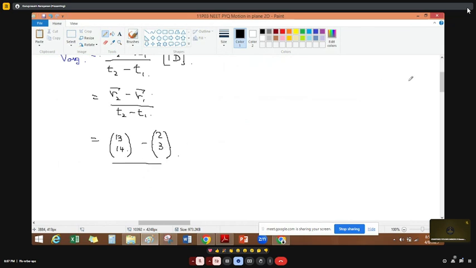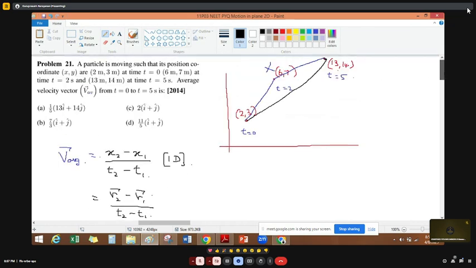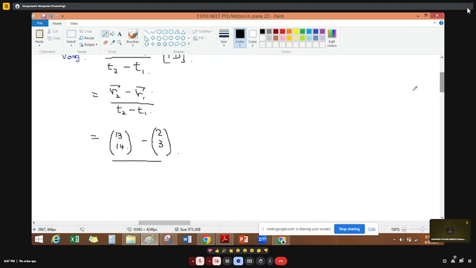Divided by t2 minus t1, which is 5 seconds minus 0 seconds. So that means 5 minus 0. That means 13 minus 2 is 11. 14 minus 3 is 11. So that is the column vector divided by 5.